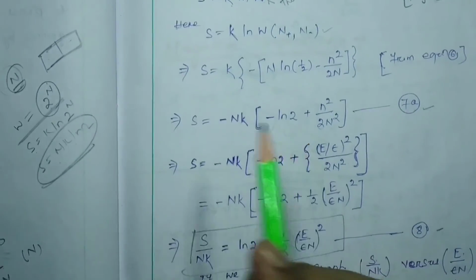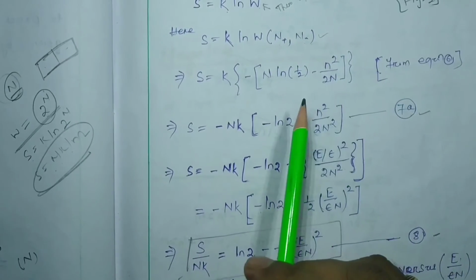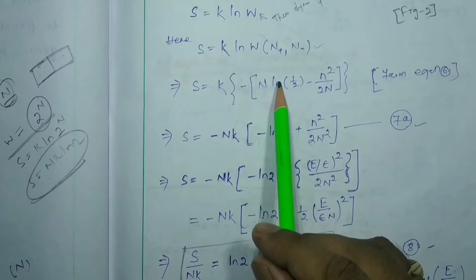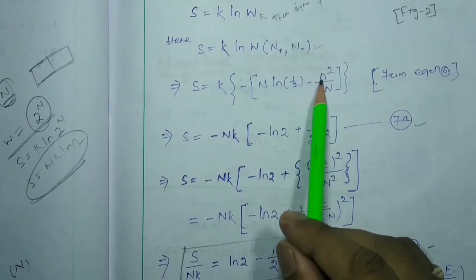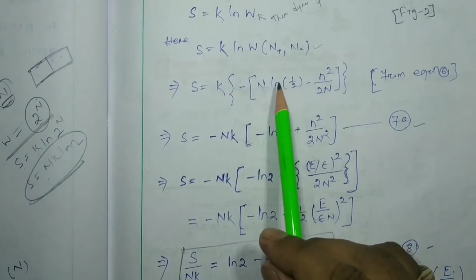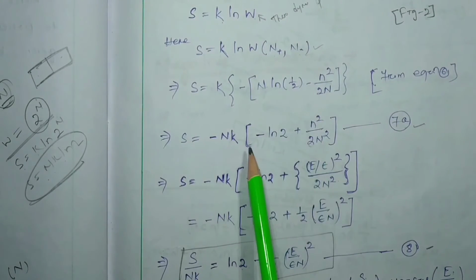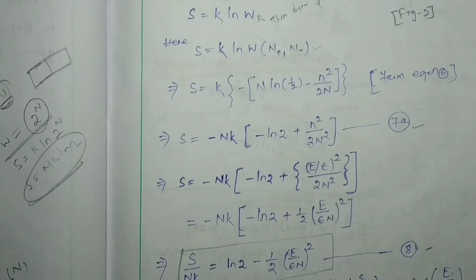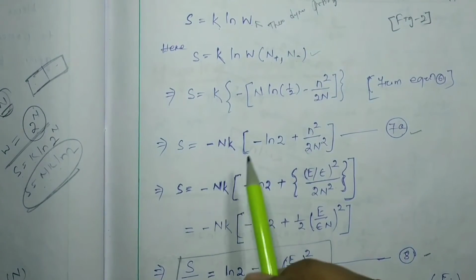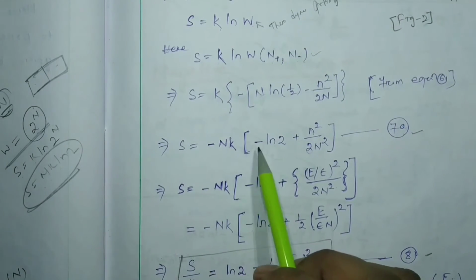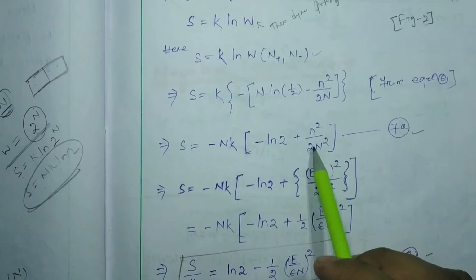You can see that we take minus capital N common from this term and this term. So it will be minus N into k.